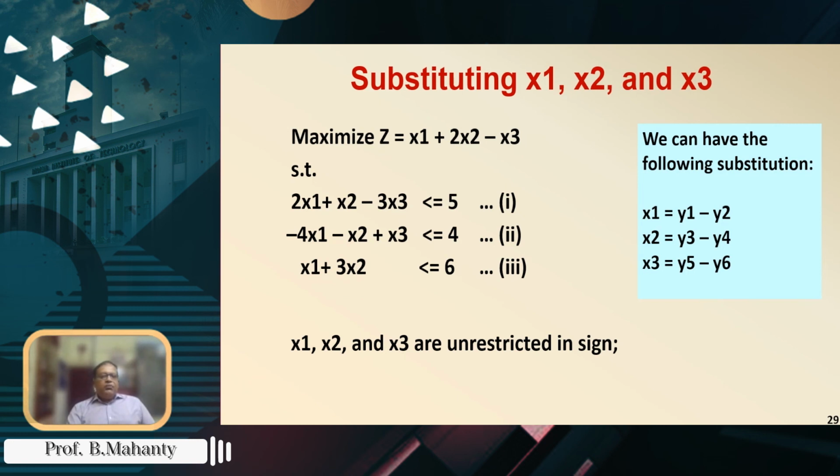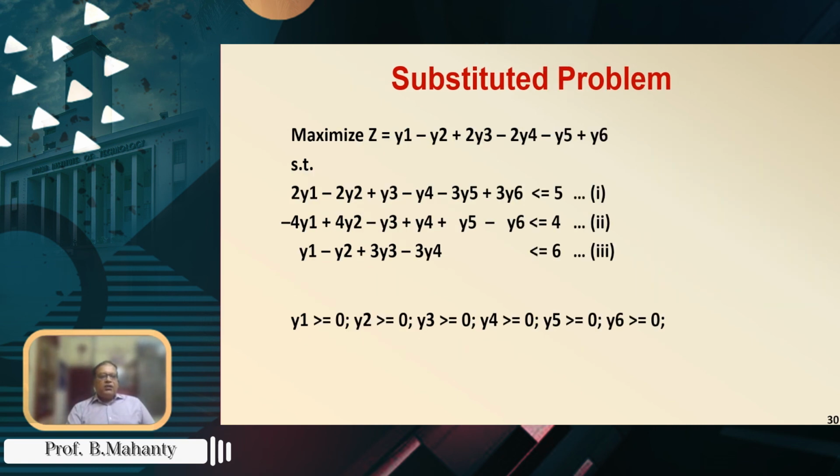When you do that, this particular problem gets transformed, and this is going to be our transformed problem. That is, maximize z equal to y1 minus y2 plus 2y3 minus 2y4 minus y5 plus y6, subject to the constraints after transforming, and all these variables are greater than or equal to 0.